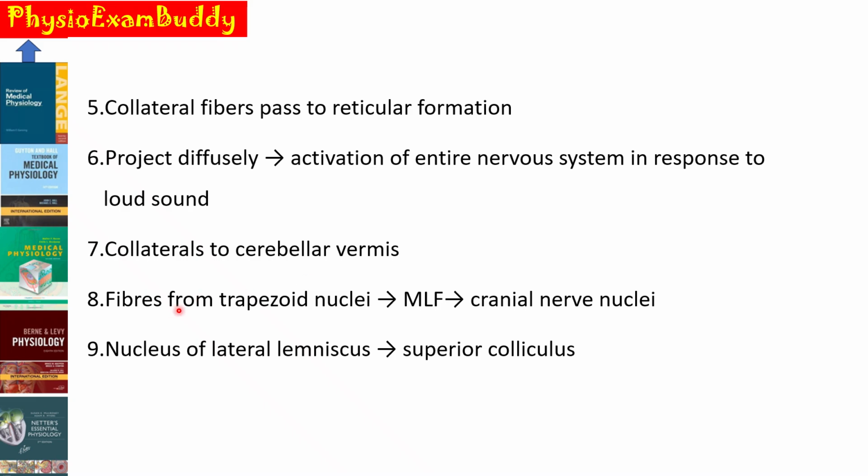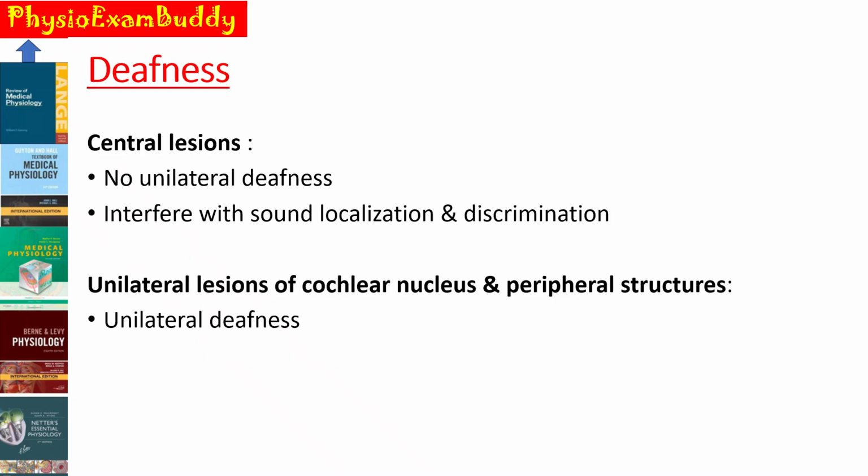The fibers from the trapezoid nuclei also move through the medial longitudinal fasciculus to the cranial nerve nuclei. And the fibers from the nucleus of the lateral lemniscus are also found to go into the superior colliculus. So these are some of the special features of the auditory pathway.